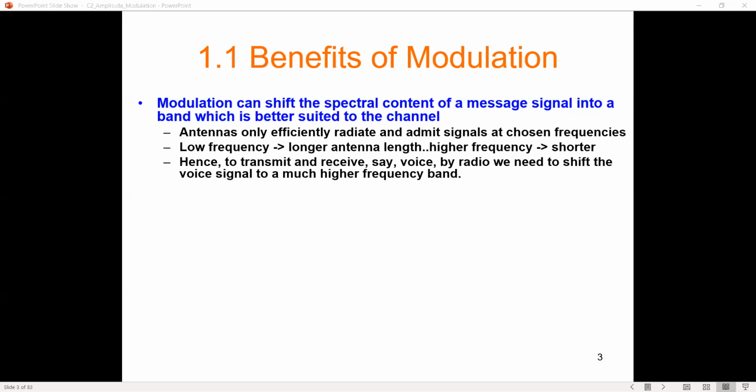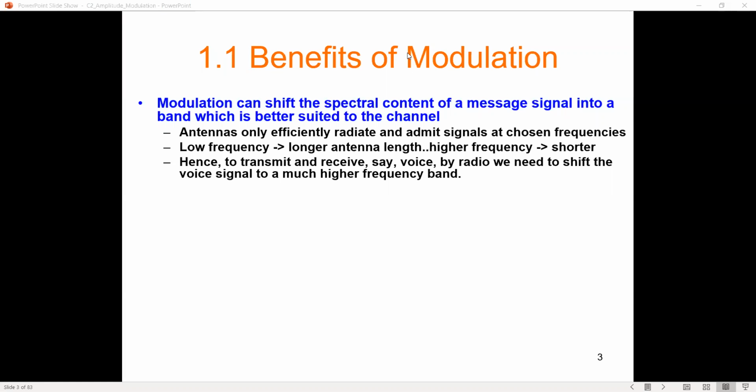For example, in wireless we're using antennas to receive the signal, and transmission and reception of signals only happen at certain frequencies. The design of our antenna, which is the size of our antenna, will depend on the parameter wavelength, and this wavelength is related to frequency.